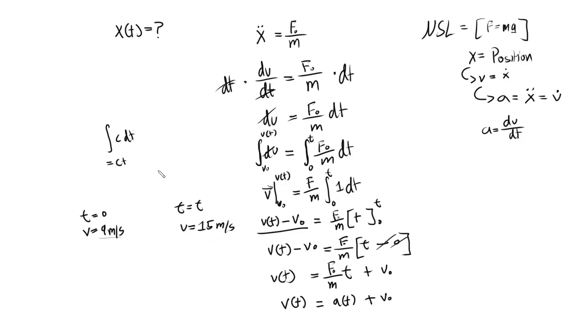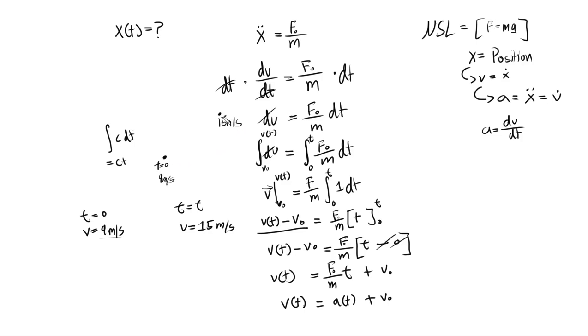So if a ball or something has some type of velocity right over here at time equals 0, and it's going at 9 meters per second, and then it gets to about over here, and then it's 15 meters per second.